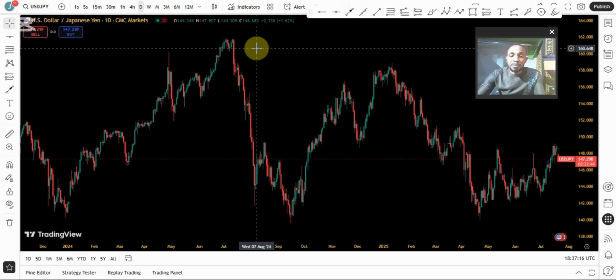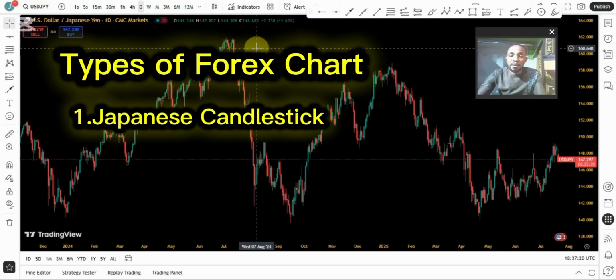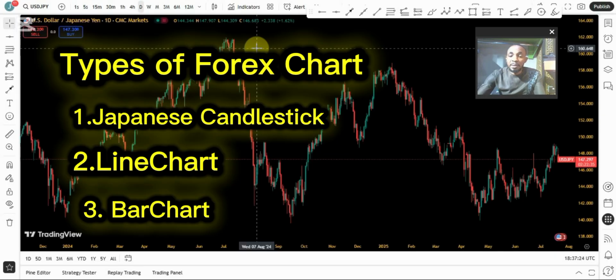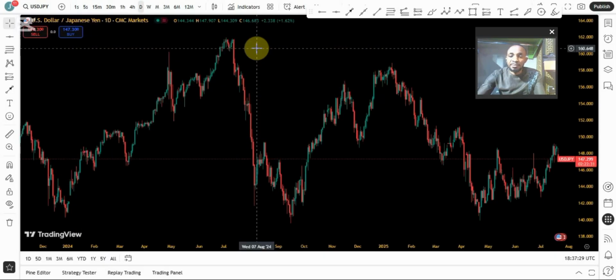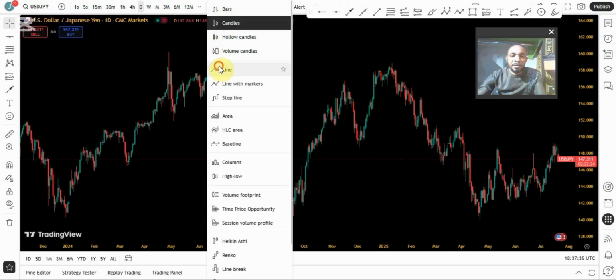So there are types of charts. We have the Japanese candlesticks, we have the line chart, and we have the bar chart. The Japanese candlestick is the most commonly used chart. This is an example of the line chart.